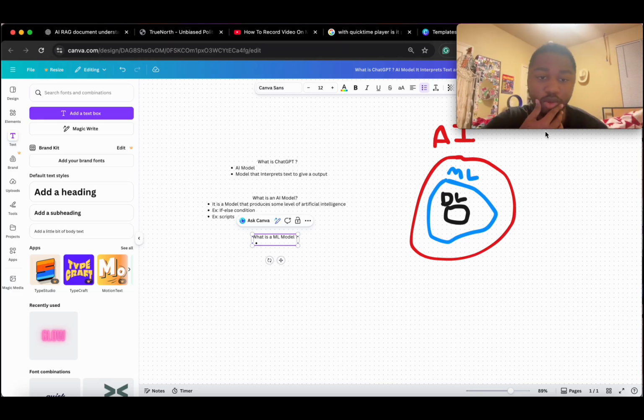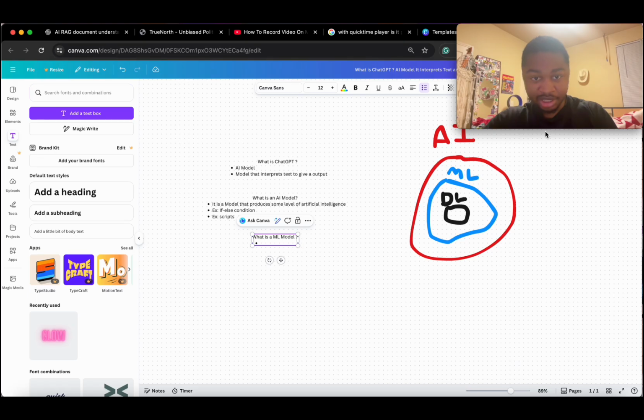As we previously were talking about, an AI model is a model that produces some level of artificial intellect. This could be if-else conditions, basic scripts, etc., right? So how does a machine learning model differ from an AI model?